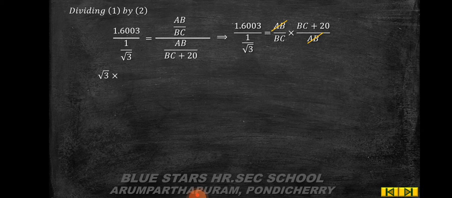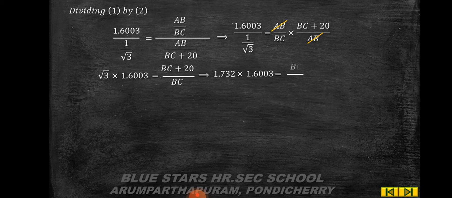So root 3 into 1.6003 is equal to BC plus 20 divided by BC, which implies 1.732, that is the root 3 value, into 1.6003 is equal to BC plus 20 divided by BC.